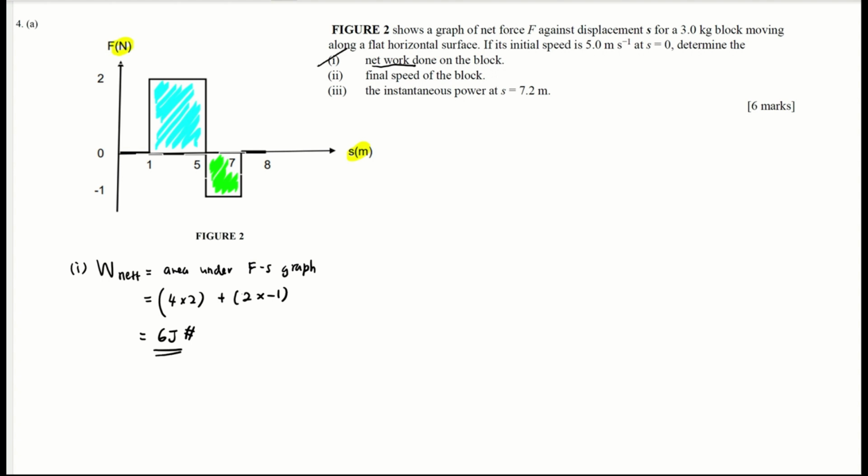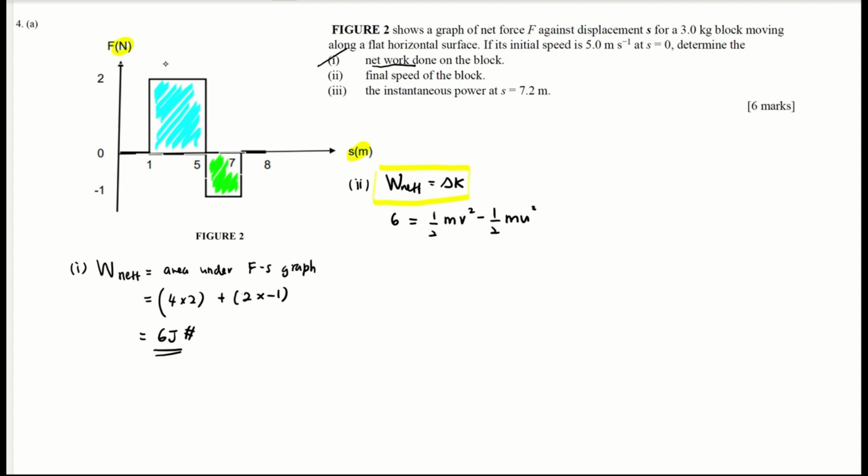So this is the answer for question number 1. And then the final speed of the block. So remember, bila ada soalan work and then ada kaitan dengan final speed, U, V, we relate with the work energy theorem where W net is equal to delta K. And this is given in the list of the formula. So W net is equal to 6 joule and then half mv squared minus half mu squared.